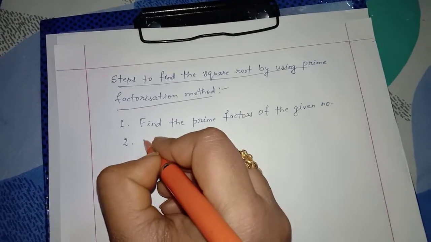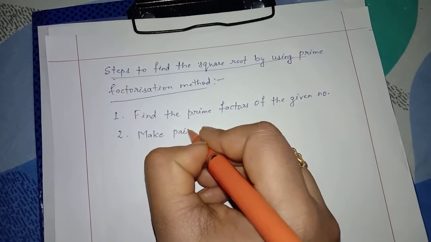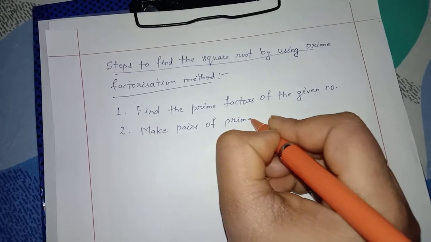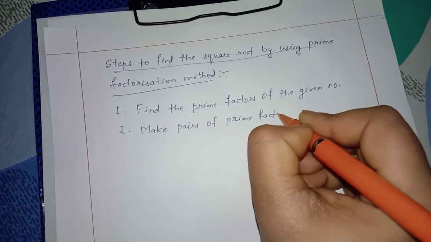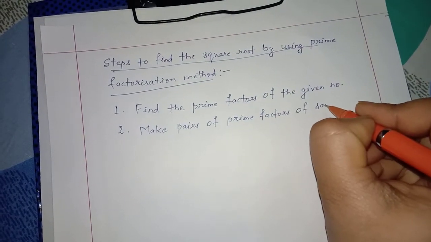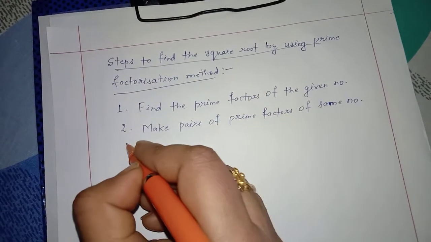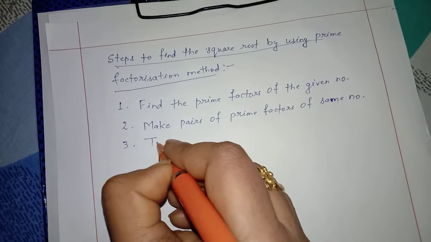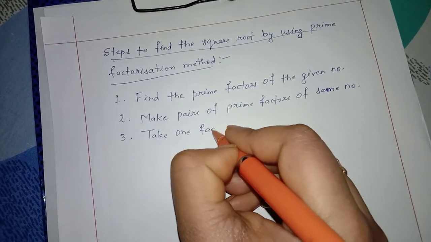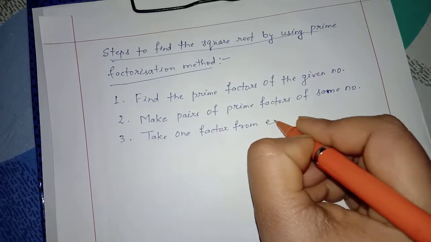Step 2, make pairs of prime factors of the same numbers. Step 3, take one factor from each pair.